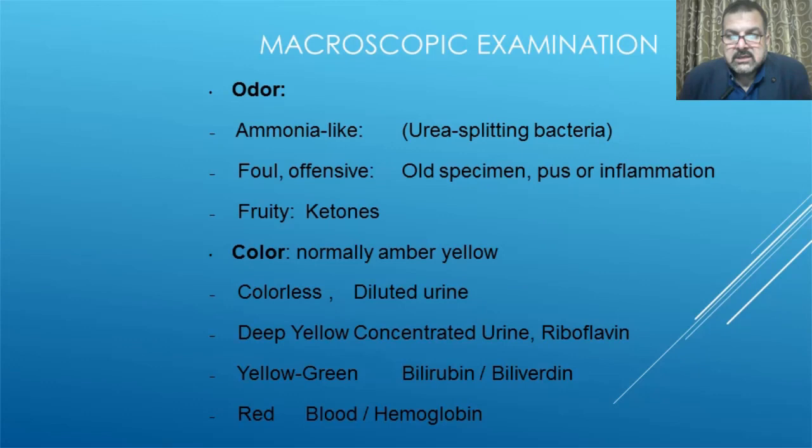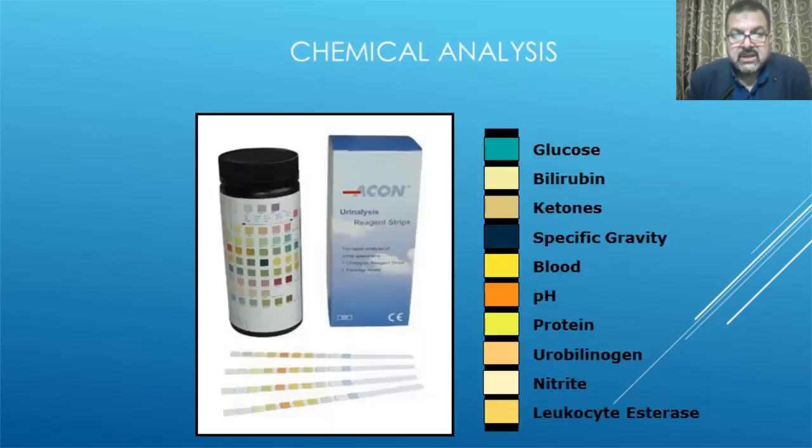It can have an offensive smell because of inflammation with pus or infection, or a fruity smell from ketones. Color: the normal color, as you know, is amber yellow. Colorless means diluted urine in patients who are drinking a lot of water. And in cases of high bilirubin it will be yellow-green, and reddish in hematuria.